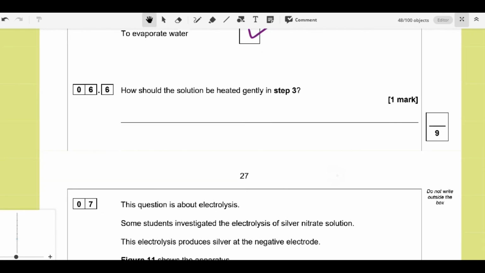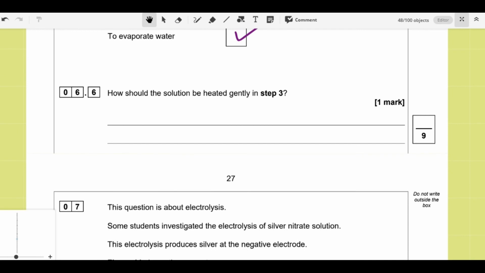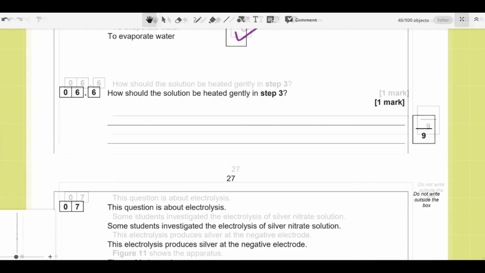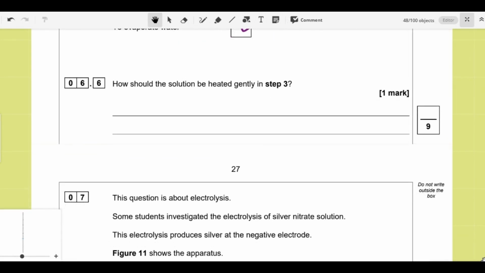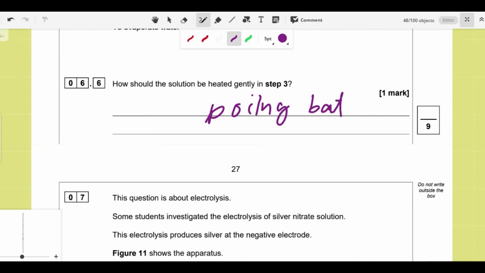Okay. Next is, how should the solution be heated gently in step 3? That is, you can use a boiling water bath, or an electric heater.